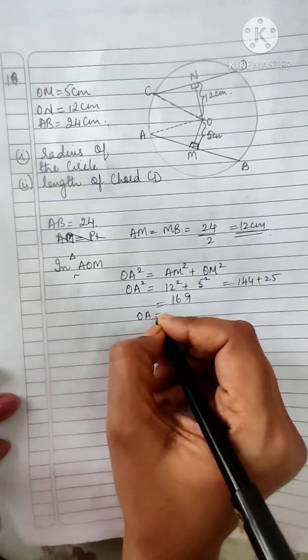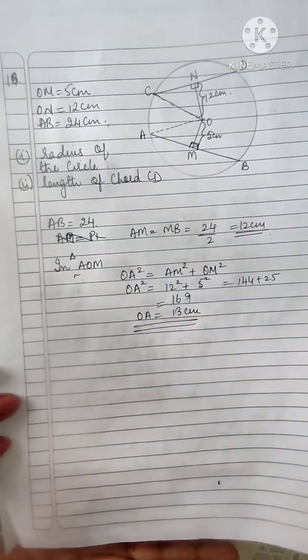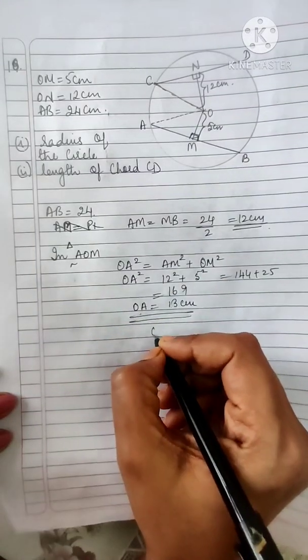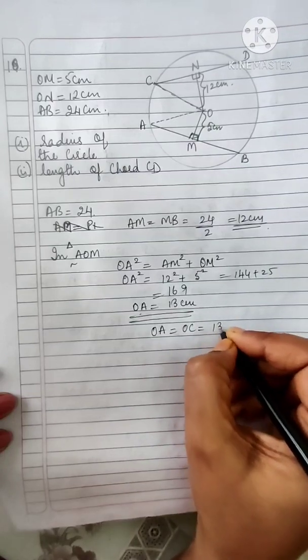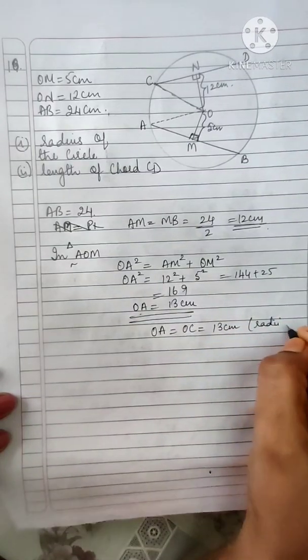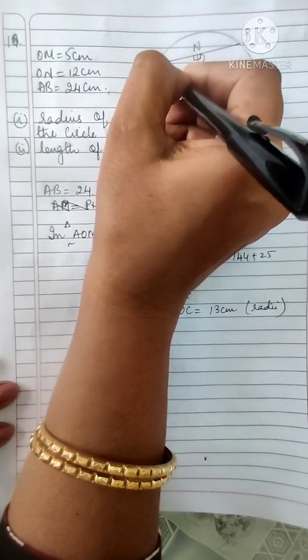So OA will be equal to 13 centimeter. So you get the radius of the circle as 13 centimeter. Since OA is 13, OC will be also 13 centimeter. Both are the radii of the same circle. So this is your 13 centimeter.